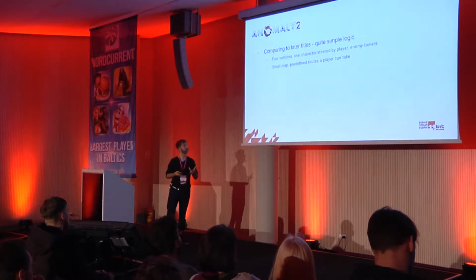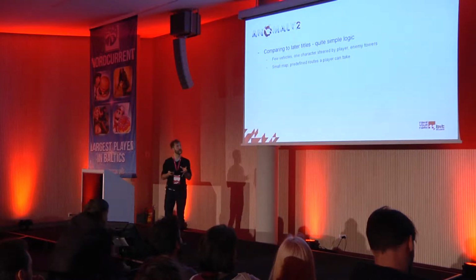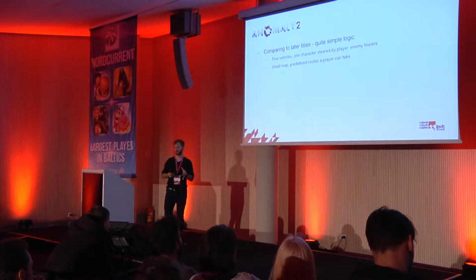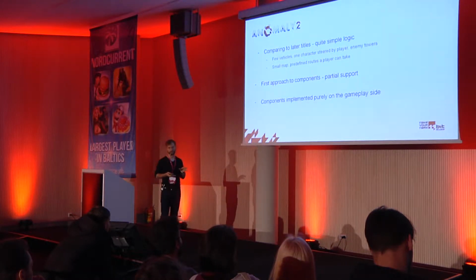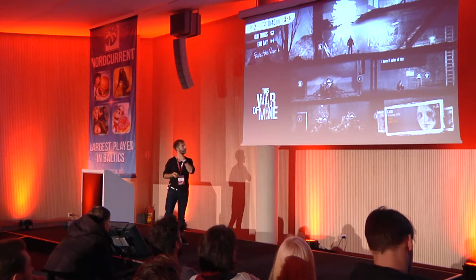We've got few vehicles, one character that is steered by the player, and enemy towers. The maps are small, and we've got predefined roads that the player can take. This is our first approach to components, and they were implemented purely on the gameplay side. Let's leave that because it's not really important, just to show you our evolution.